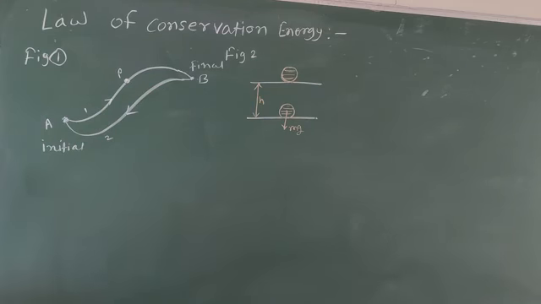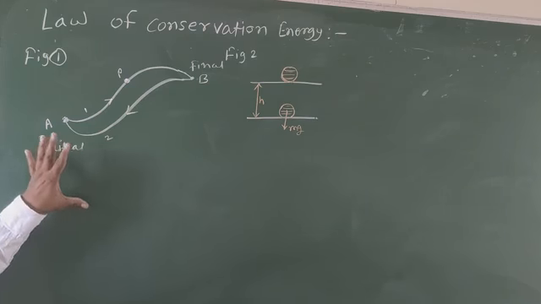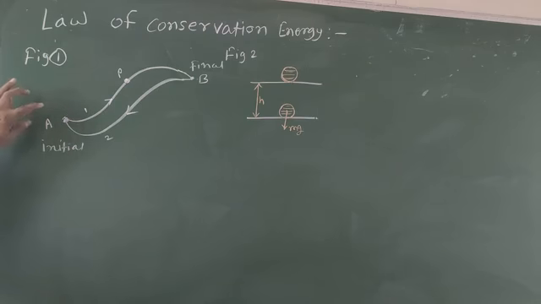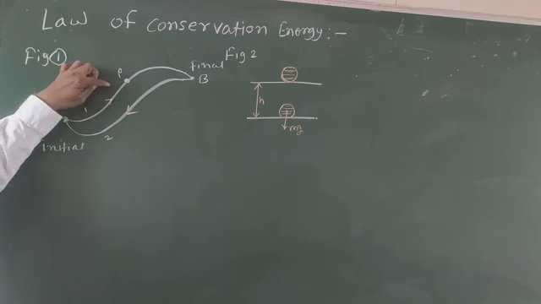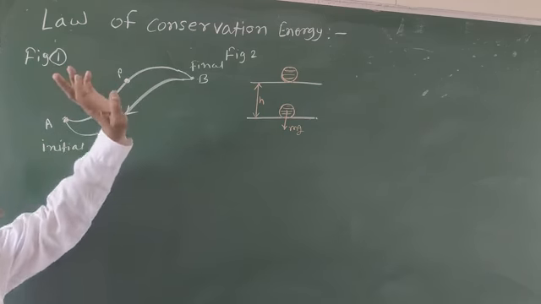The work done is the same along these 2 paths, and here the motion of this body we can divide into 2 parts, from A to P and from P to B.